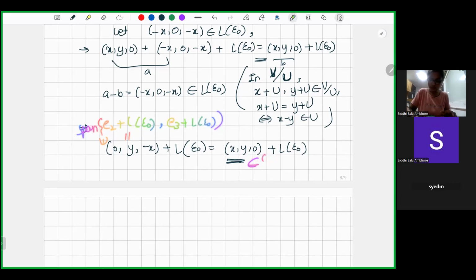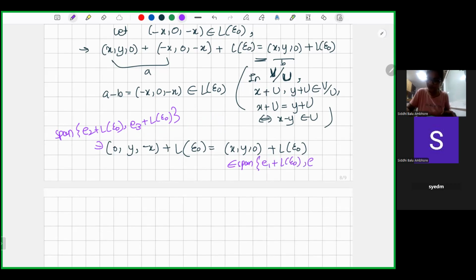Let me write this properly because this is important. This belongs to the span of E2 plus L epsilon naught, E3 plus L epsilon naught, and also to the span of E1 plus L epsilon naught, E2 plus L epsilon naught.